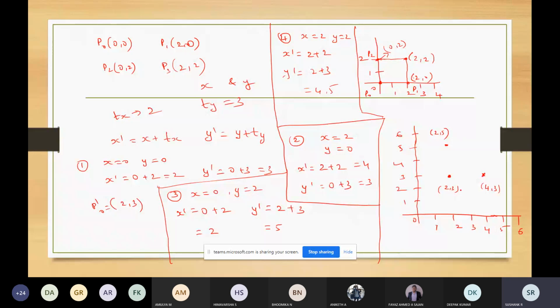This is how the object will be translated. Initially the square was in this position, and after performing the translation, it has changed its position.